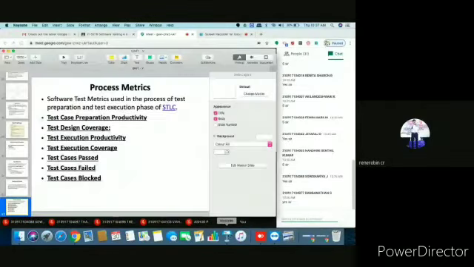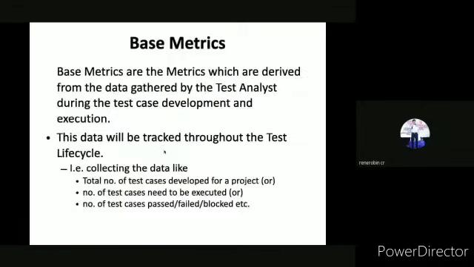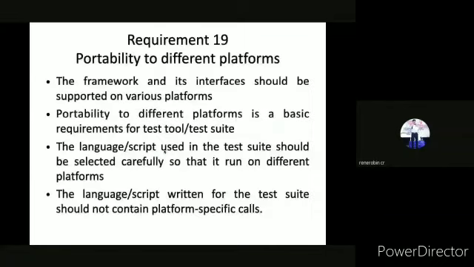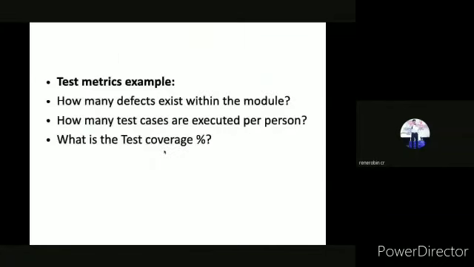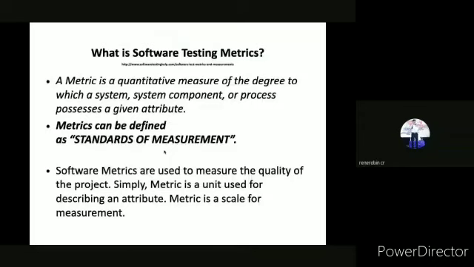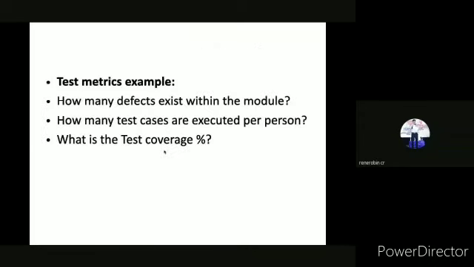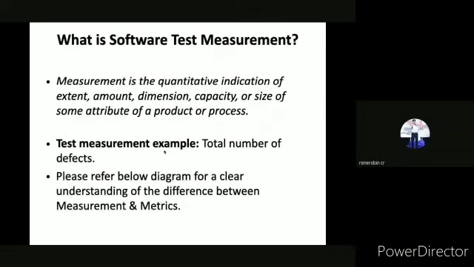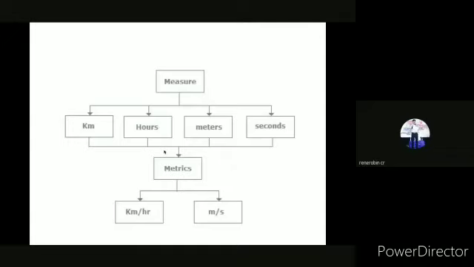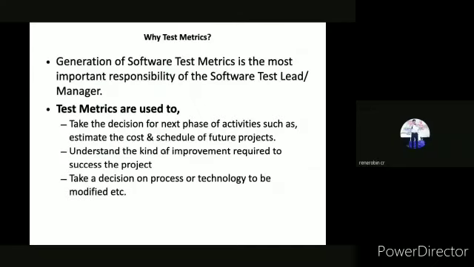Okay. So let me recap what we have seen so far. We started our presentation with the formal definition of software metrics. Then we moved to software metrics, then we saw test metrics, then software test measurements. After that we saw the difference between measurement and metrics.